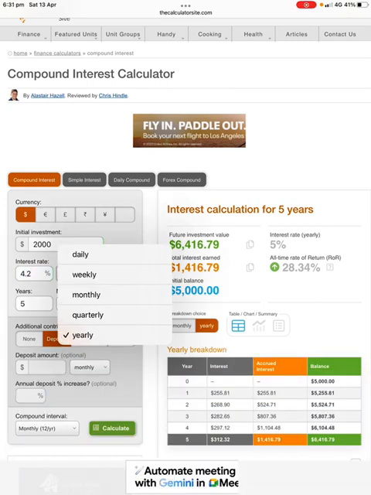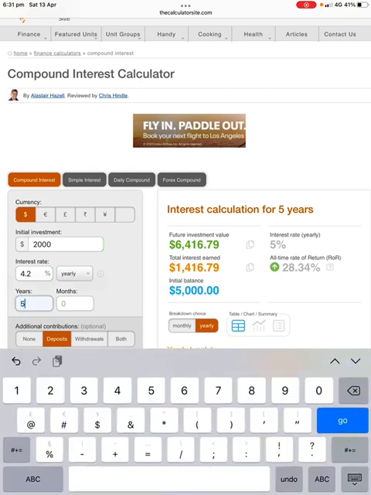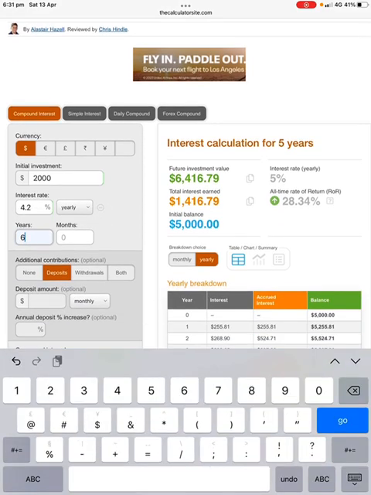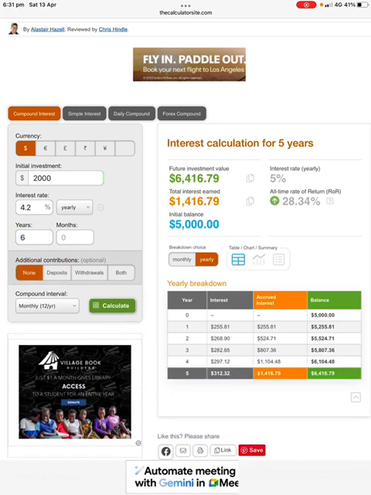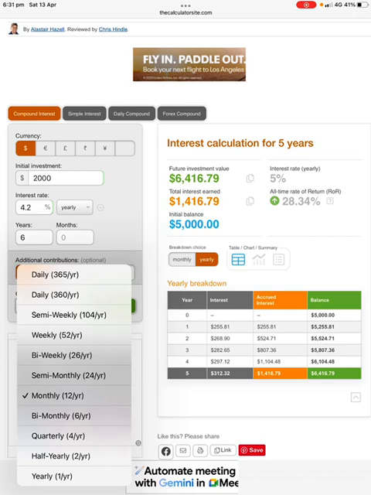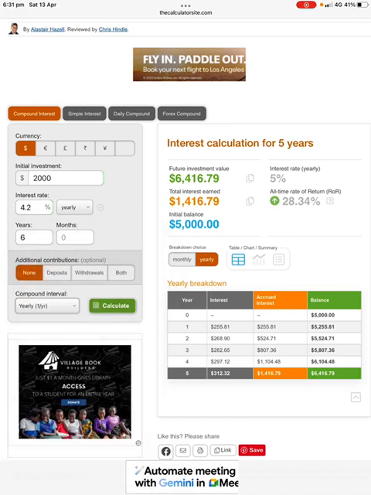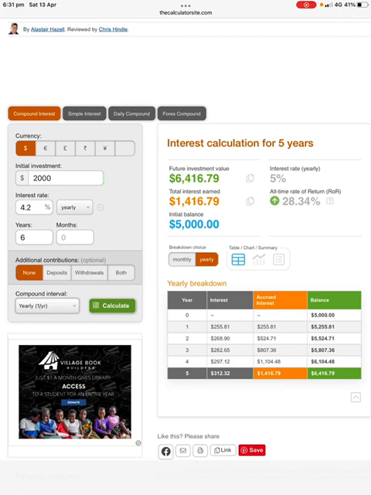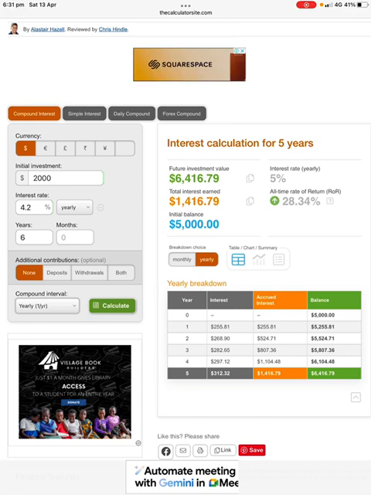You can see it changes, and it's going to be 6 years. Additional contributions, it's going to be none. Then we're going to say we are compounding yearly. I like this one because it gives you a lot of different options, which the other one doesn't quite do. I'm then going to press calculate.